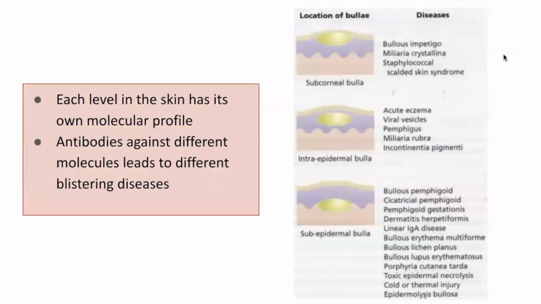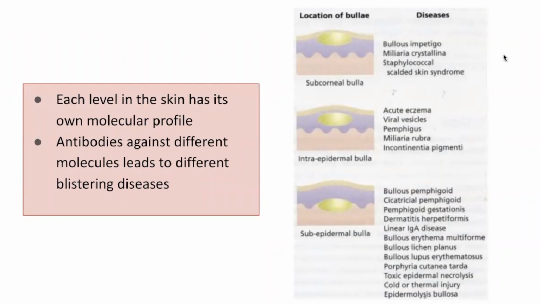The reason why understanding the level of split is important is because each level of the skin is associated with different molecules and different proteins that essentially act as the signature for that level. And by understanding which level the split occurs, this will help narrow down the differential diagnosis, as different types of skin conditions cause a blister at different levels.